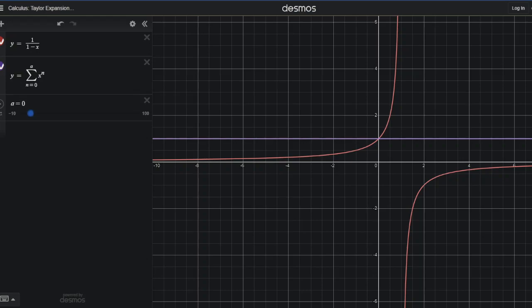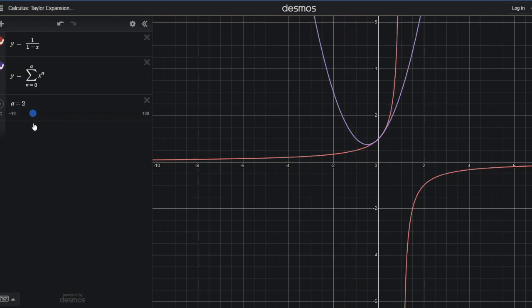So you can see A tells us how many terms of the series we're going to have. So this is a series with 0 terms. So watch what happens as we slide this slider forward. Okay. As we keep taking steps, it's becoming a better and better approximation of this function.